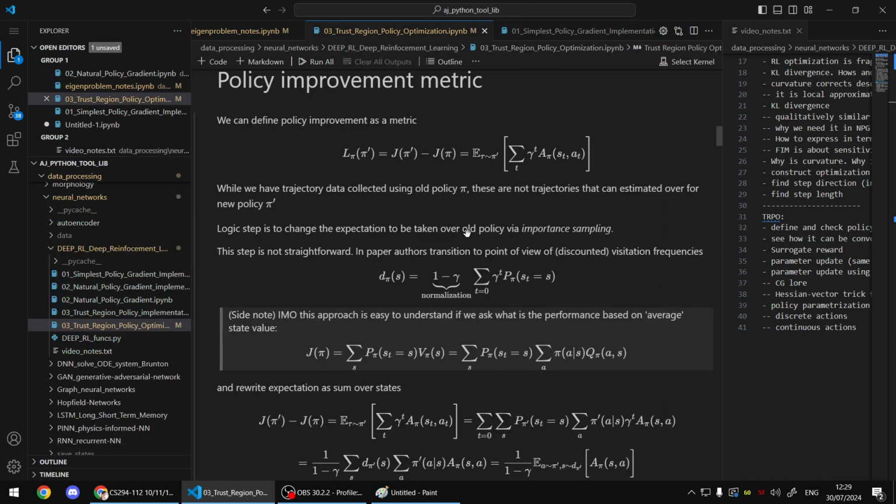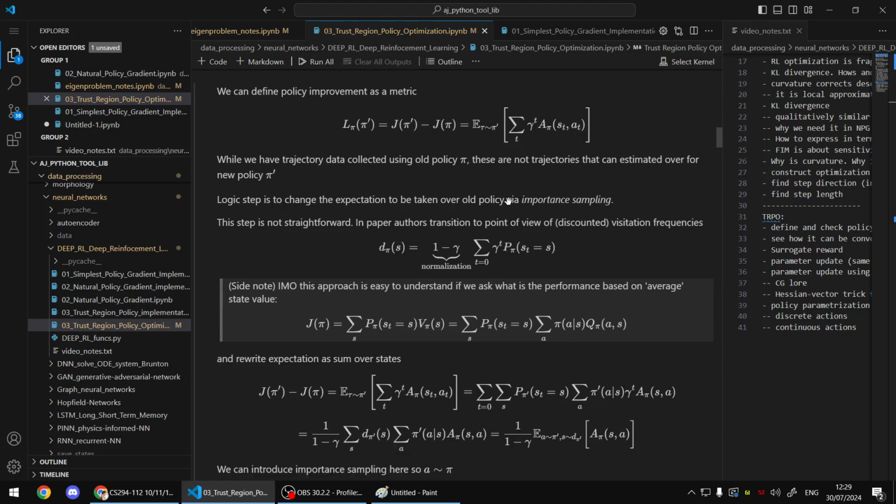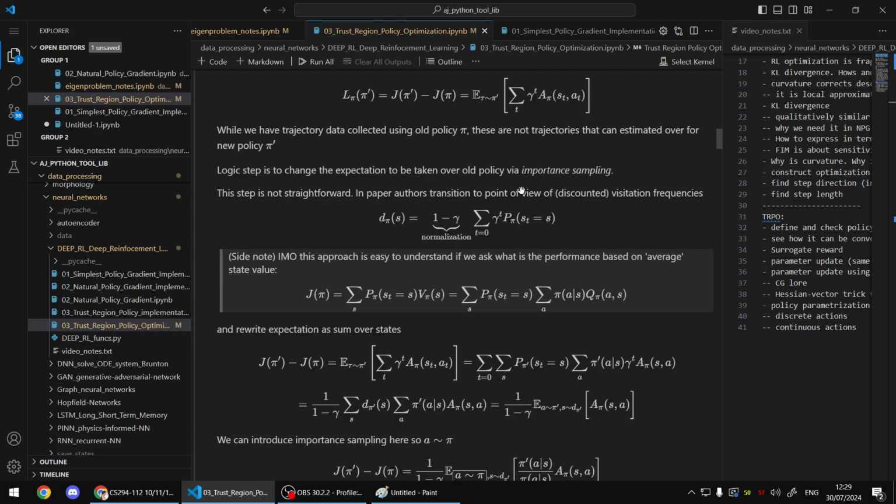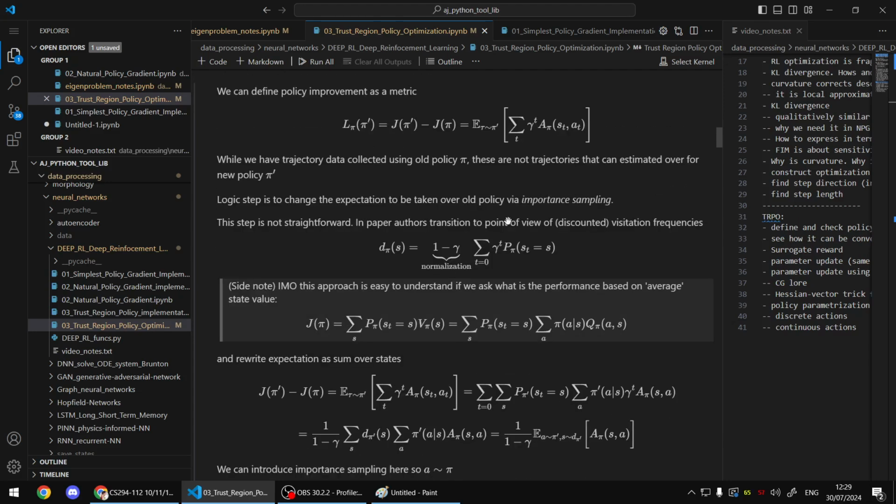So the probabilities shouldn't be zero in your trajectories, basically somewhere. So okay, this is the importance sampling idea, that maybe we should just resample this expectation over a different distribution of the old policy. And it's not that simple, unfortunately.